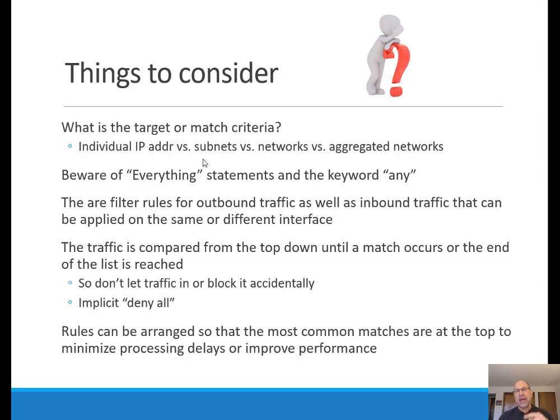If the web match statement is all the way at the bottom, then you've required a test of all of the other ones until you get to this valid one, and then you let it go. Well, it'd be far more efficient to put that match at the top or closer to the top. Now, if you've got a big giant machine with lots and lots of memory, maybe it's not a big deal. If you don't have a lot of traffic, you don't have a lot of rules, not a big deal, but it's just something to consider.